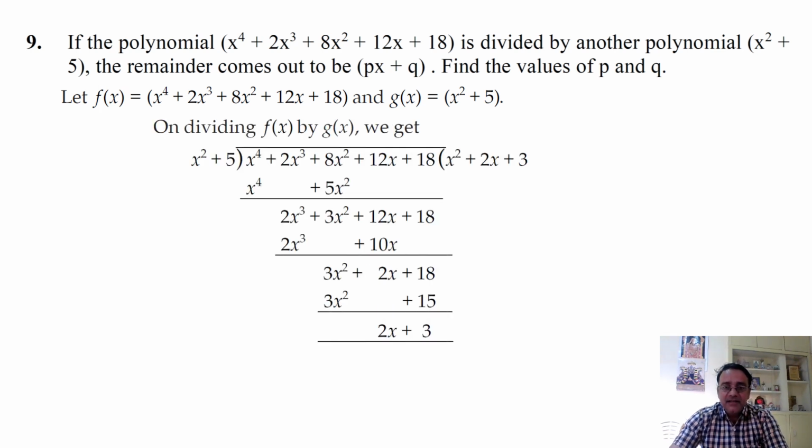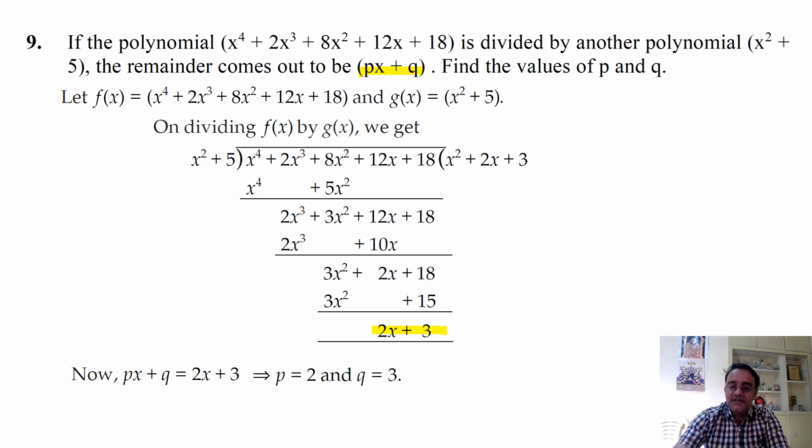On dividing, we get the remainder 2x plus 3. So we will compare with px plus q. ठीक है, तो p की जगह पे क्या है 2 और q की जगह पे क्या है 3. So we get the value of p as 2 and q as 3.